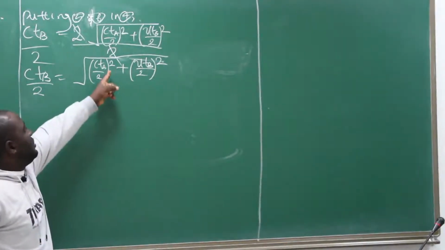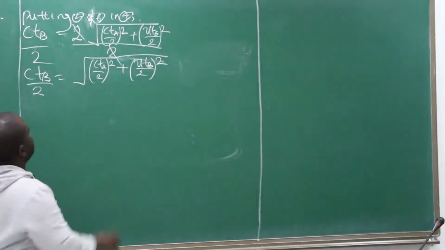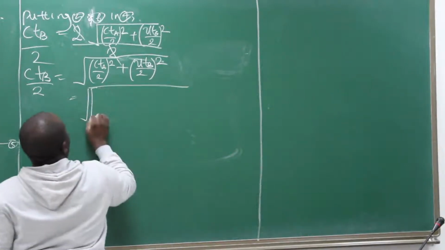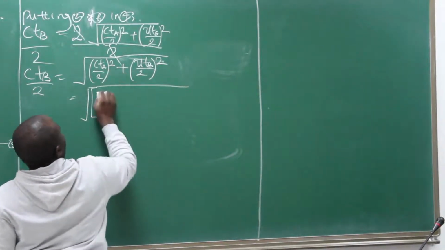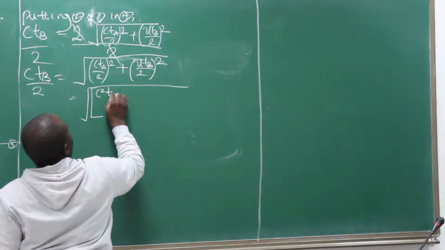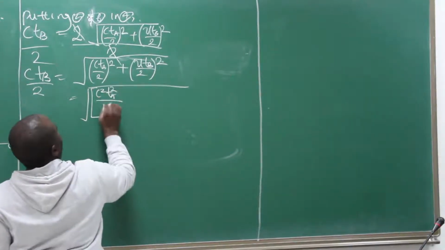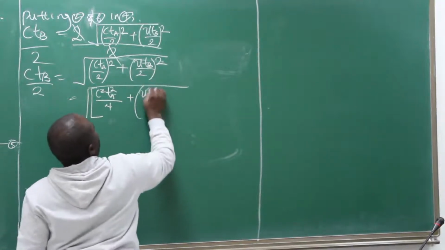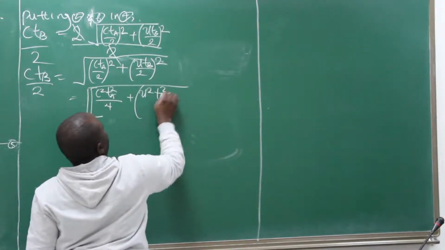Now, let's open up this bracket. And so we have the square root of C squared TA squared all over 4 plus U squared TB squared all over 4.